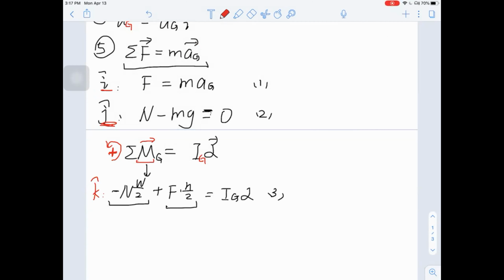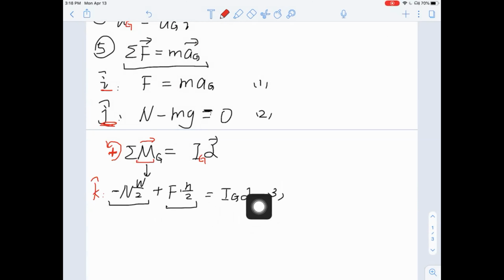Now, if you look at the equations, we know what is the mass, and we don't know A G. That's something we try to solve. From this equation, we know N equals mg. From the third equation, I G, I think that can be found from the table. Force F, we don't know. And we do know H and W. And we don't know what is alpha.